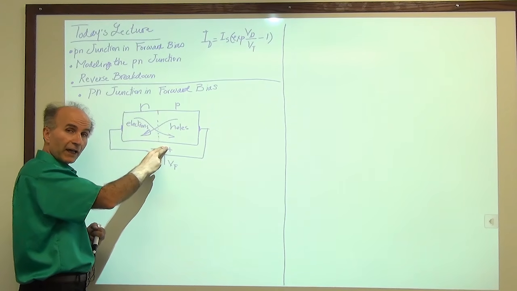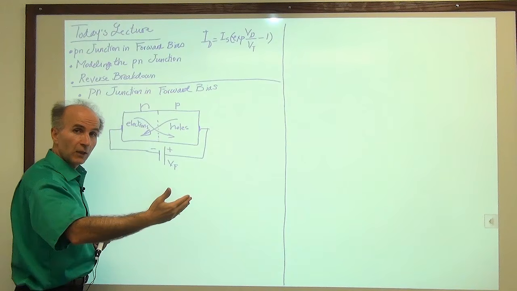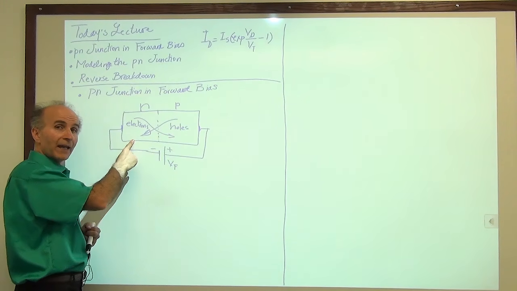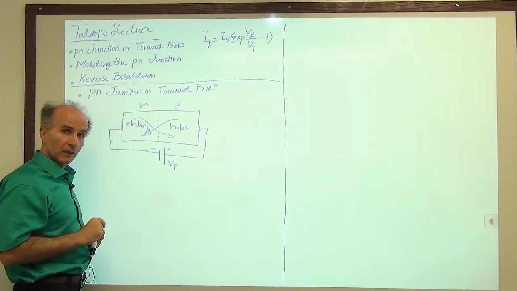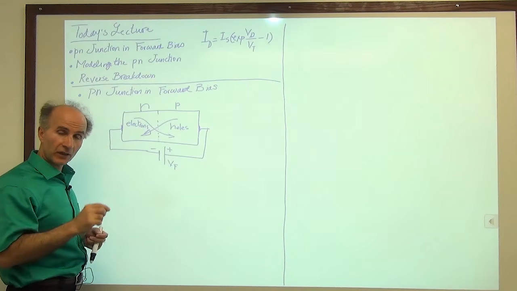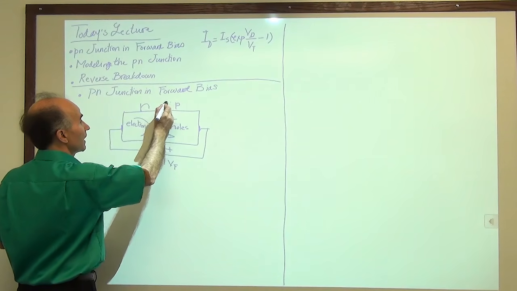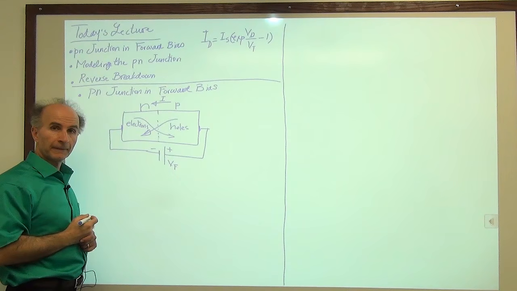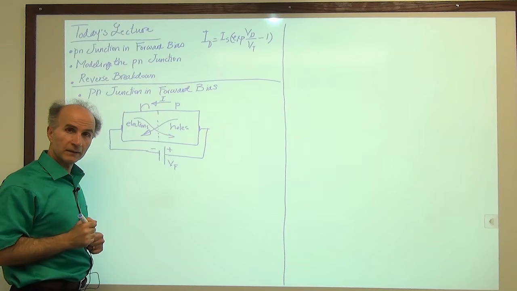So both of these actually contribute to the current. We have more current if we have electrons going this way and holes going this way than if you had only one of them. So both of these result in a conventional current going this way. And this current can go on indefinitely.